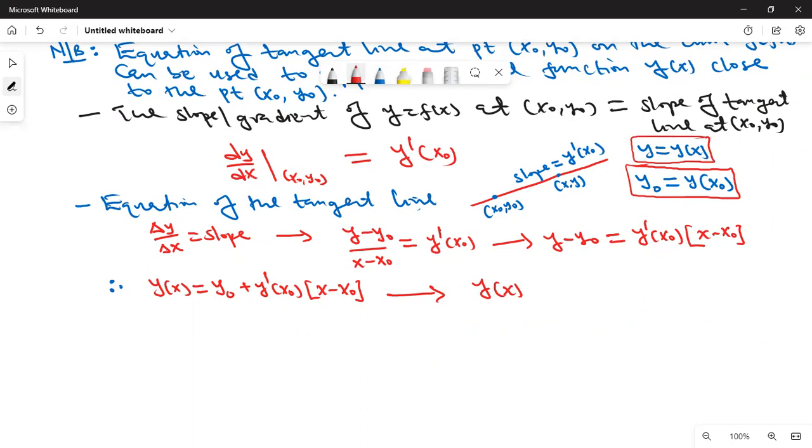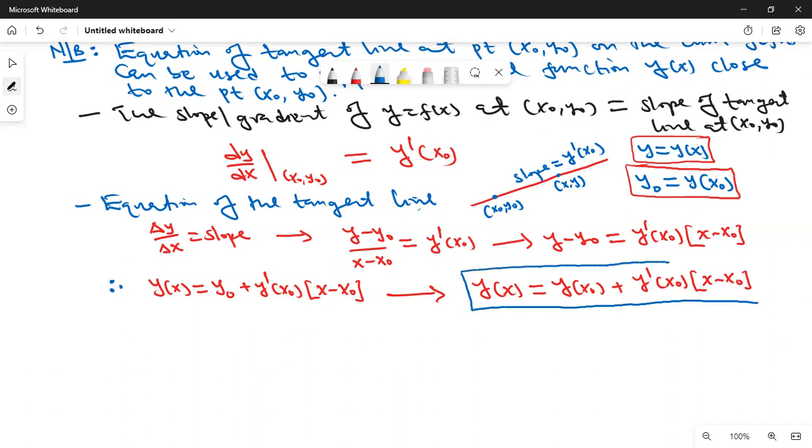So that we are saying y of x is equals to y of x naught plus y prime of x naught times x minus x naught. This is the formula that we are going to be using when we are dealing with problems in linear approximation.